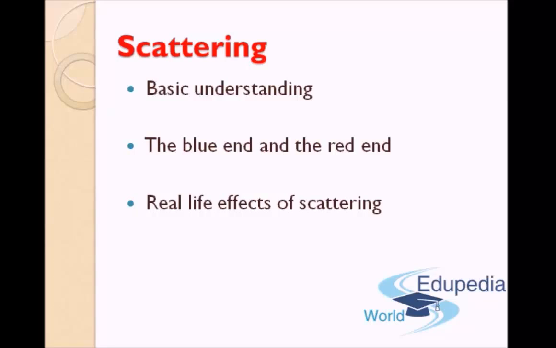We'll understand what scattering is, the basic understanding behind it, and we'll see specifically the concept of scattering at the blue end of visible light and the red end of the visible light, and what is the difference caused by the wavelength. Finally, we will see some real life examples where scattering takes place, and it will be an interesting discussion. So let's begin studying scattering.